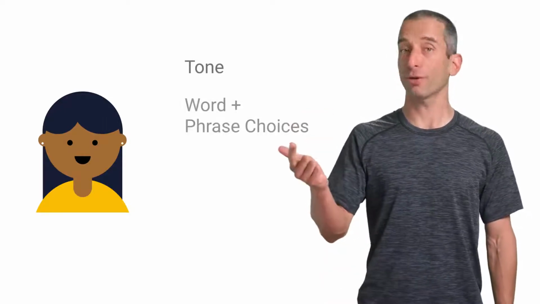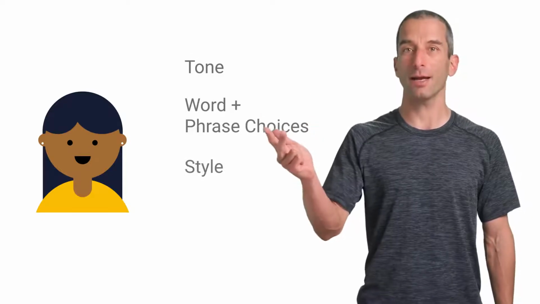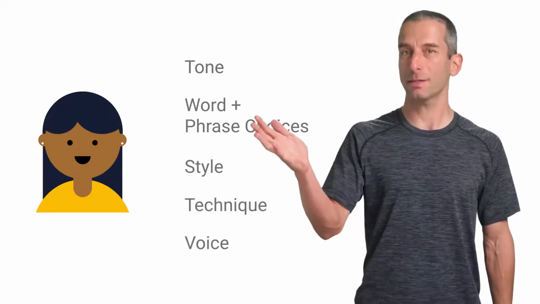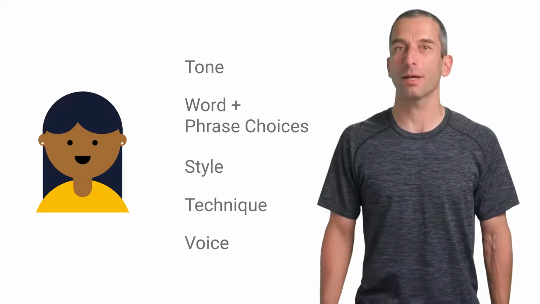It's the face of the experience for the users, who they will be talking to. A persona is conveyed through tone, word or phrase of choice, style, technique, voice. Think, for example, about a realtor persona or a warm friend persona. Which persona will be best fitted?